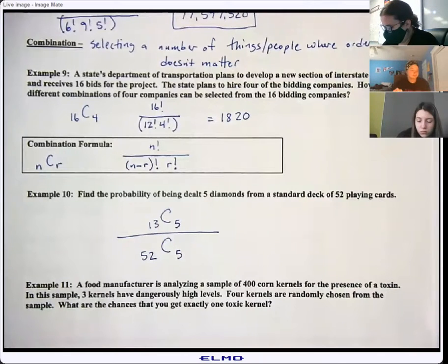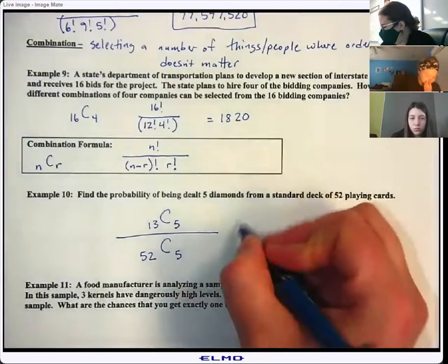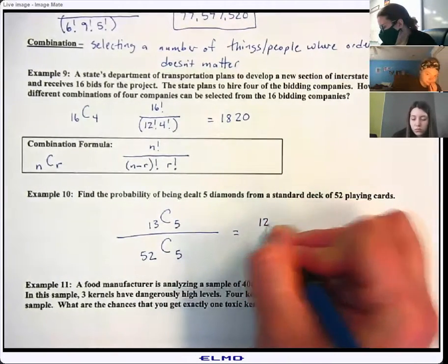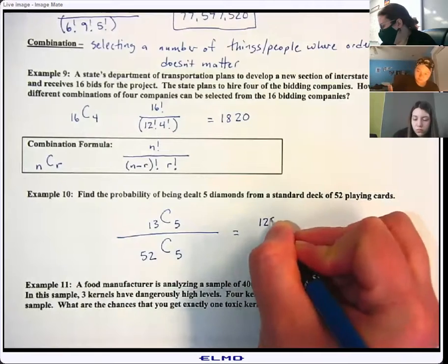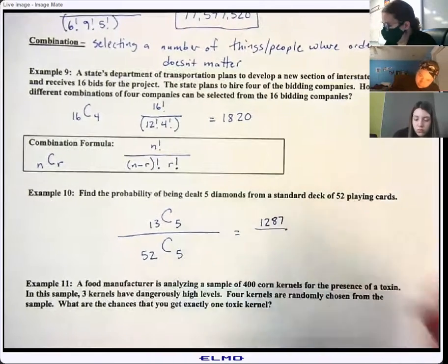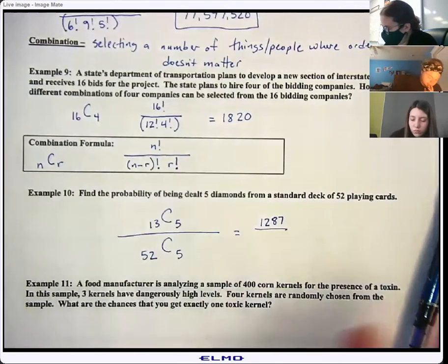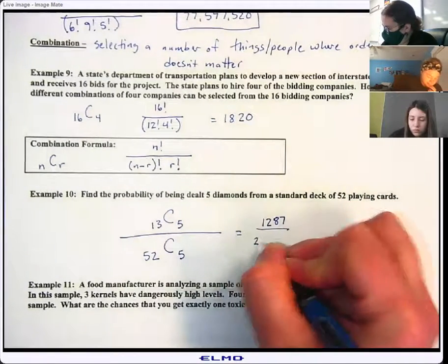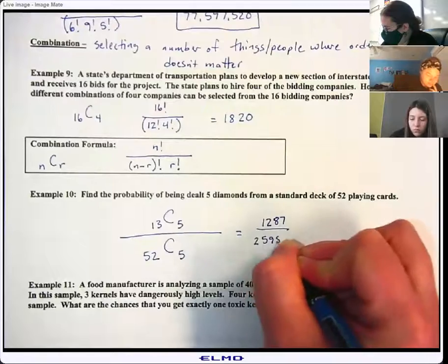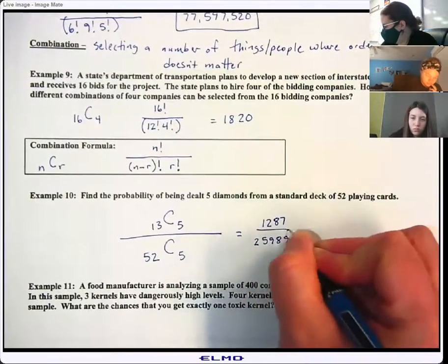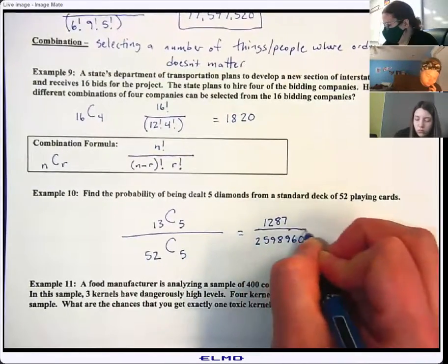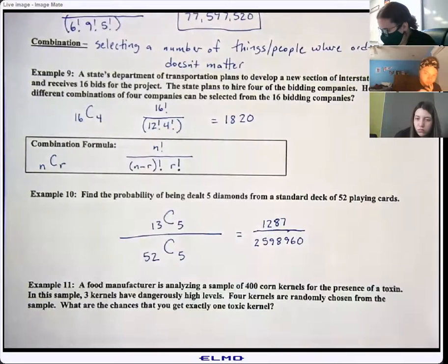So in my calculator, I'm going to do 13 combination 5, and I find out that the number on top is 1,287, which is how many different ways I can pick 5 diamonds. And this is 52 choose 5, which is how many ways I can just choose 5 cards.